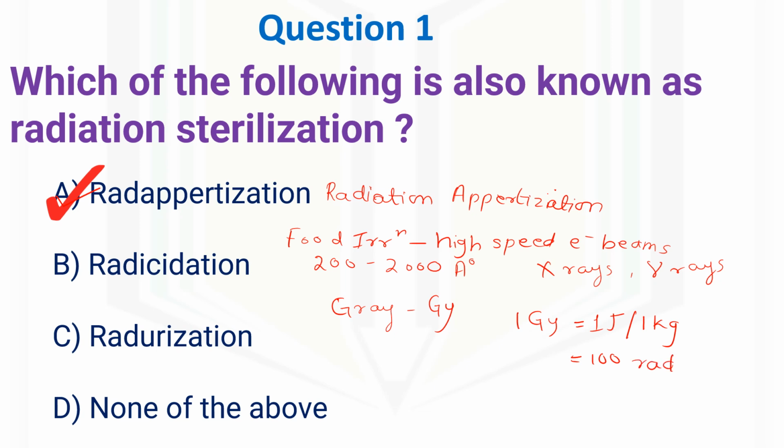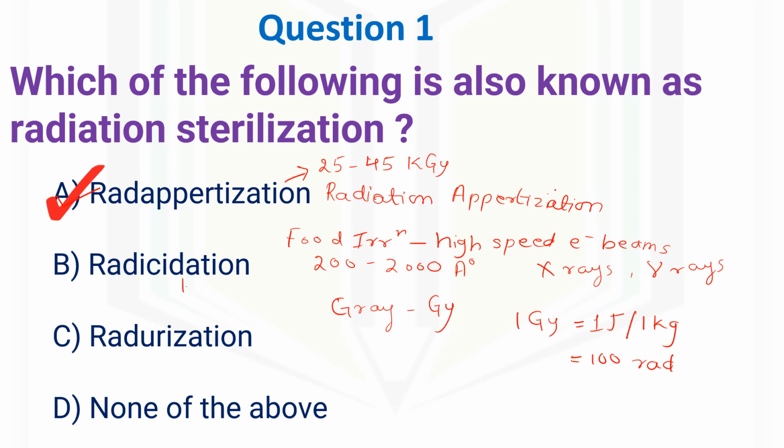Depending upon the dosage, there are three categories. One is radappertization, second is radicidation, and third is radurization. Radappertization, also known as radiation sterilization, uses 25 to 45 kilogray of the radiations.